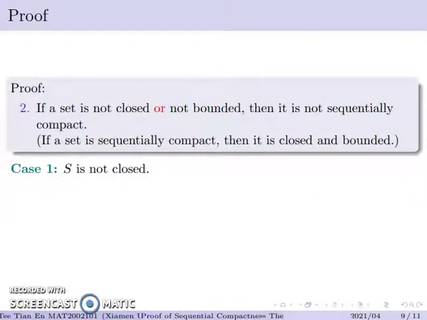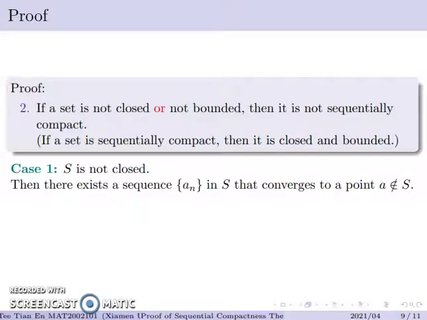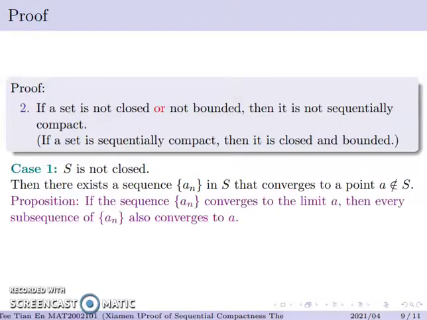Now for the first one, Case 1: the set S is not closed. From the definition, there exists a sequence in S that converges to a point that is not in S. This is the definition of not closed. And we have a proposition that says that if a sequence converges to a limit, then every subsequence will also converge to it.